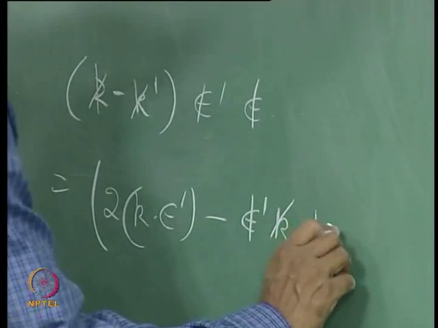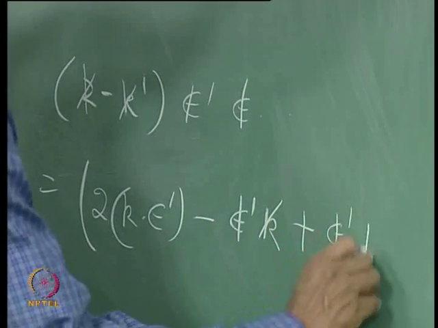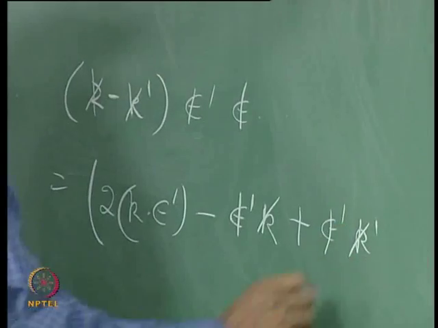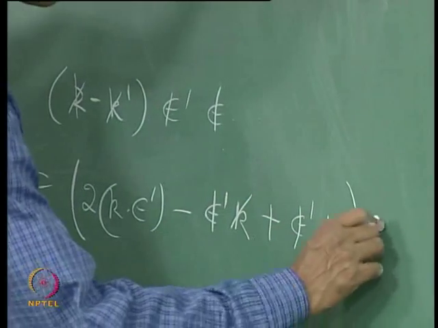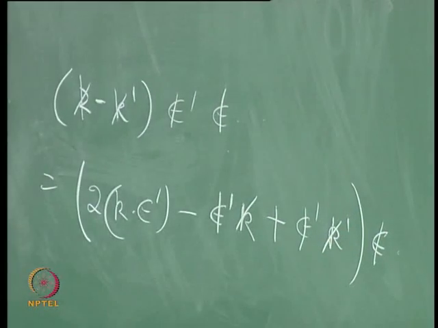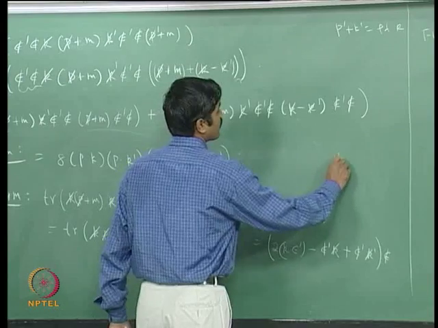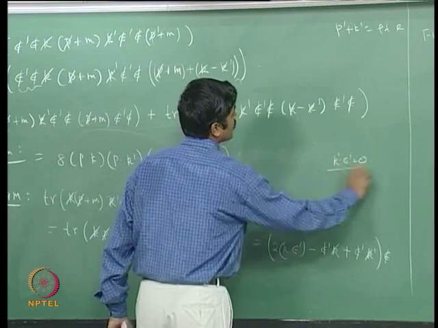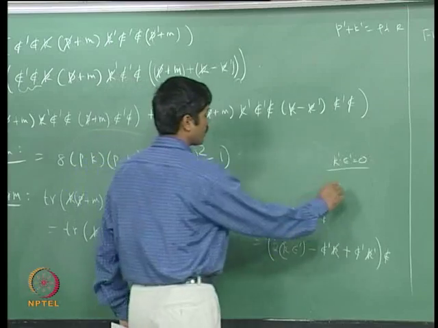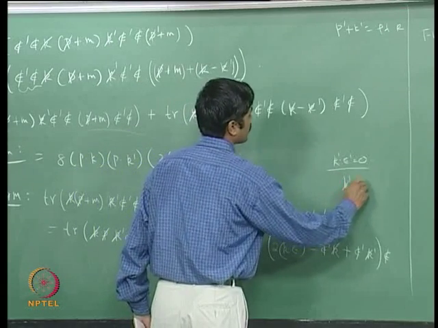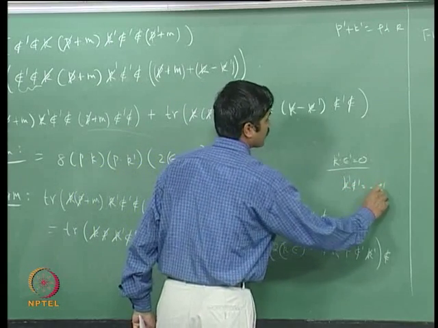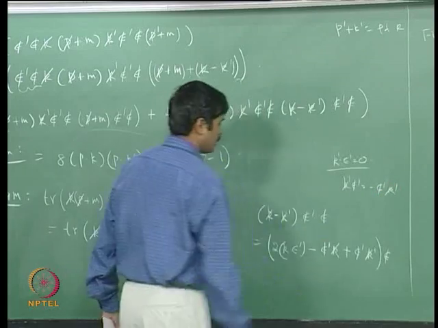So, this is epsilon prime slash k prime slash, the whole thing multiplied by epsilon slash, okay, because k prime dot epsilon prime equal to 0, we are considering transverse photons, therefore, k prime slash epsilon prime slash is minus epsilon prime slash k prime slash.